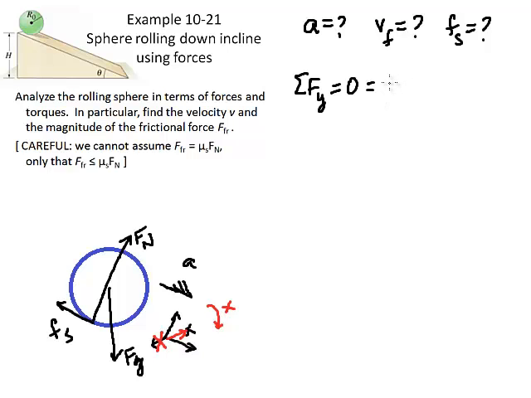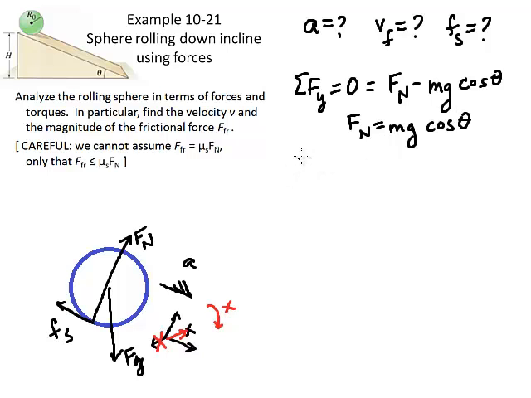And so that's going to be equal to Fn minus the component of Fg that's perpendicular to the inclined plane, which is mg cosine theta, where theta is the angle that the ramp makes with the horizontal. So we find from this that Fn is simply mg cosine theta.